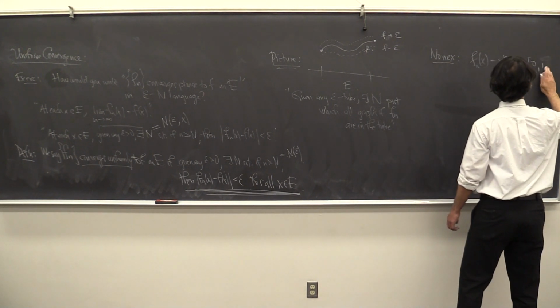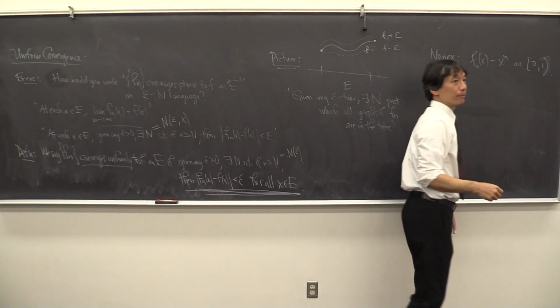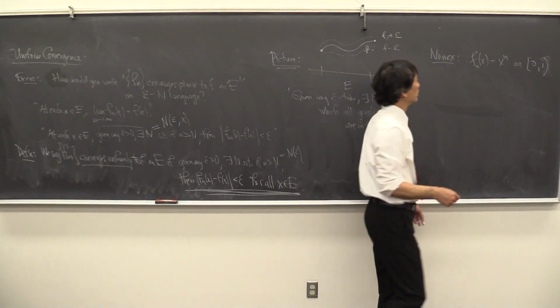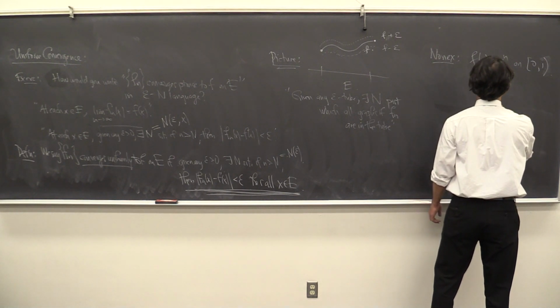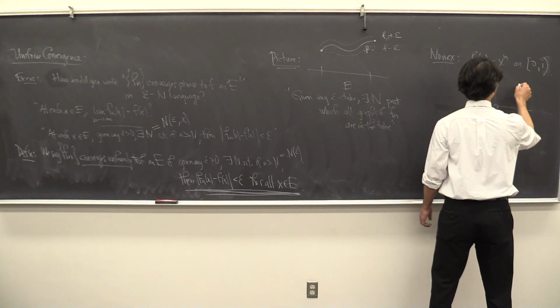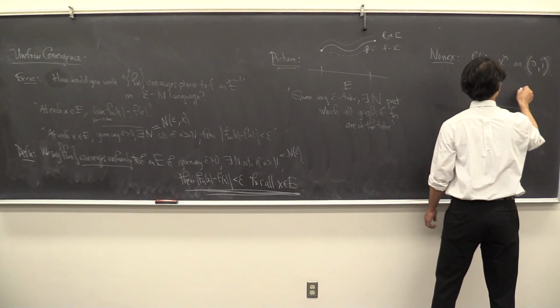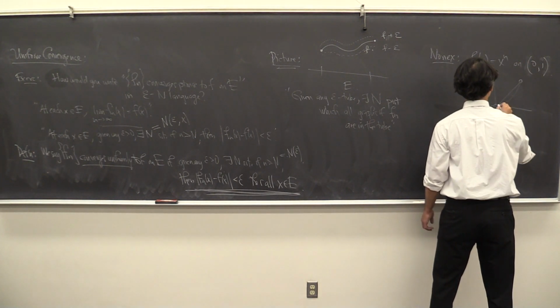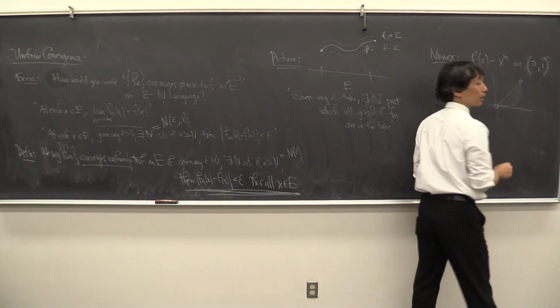Actually, let me make it the open set. What do those guys look like? Here's the first guy. Here's the second guy. Here's the third guy. Here's the fourth guy. Here's the fifth guy, and so on and so forth.